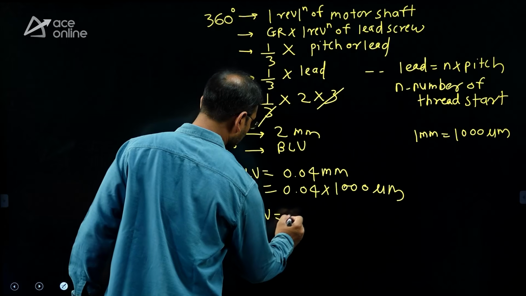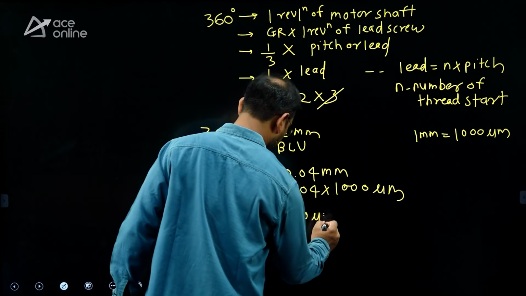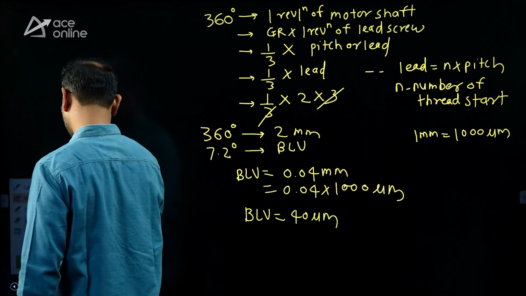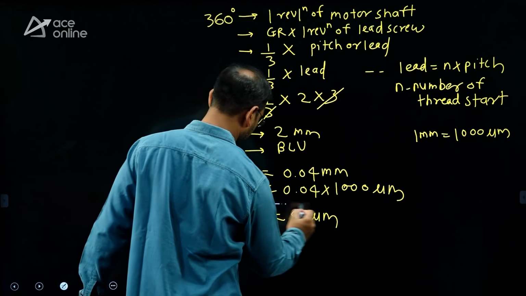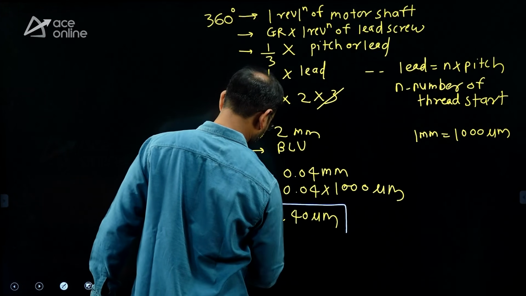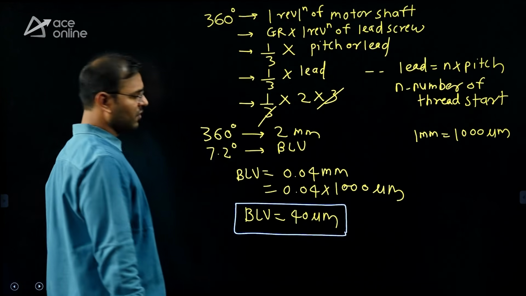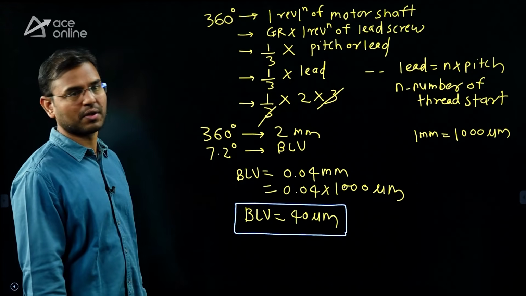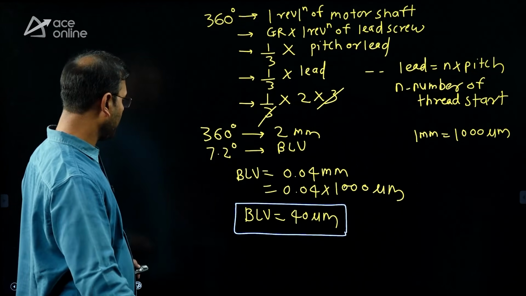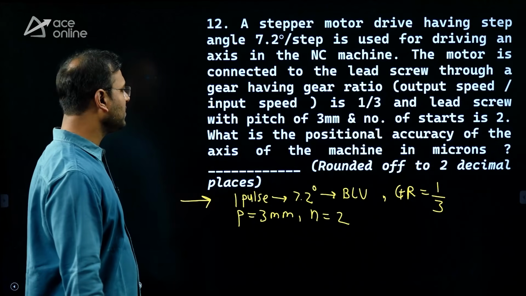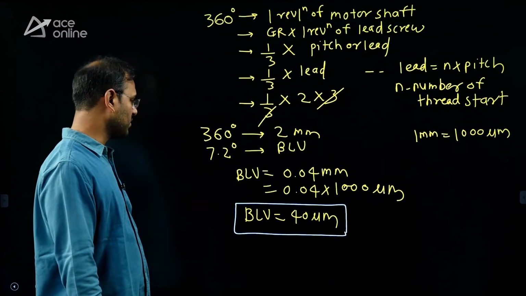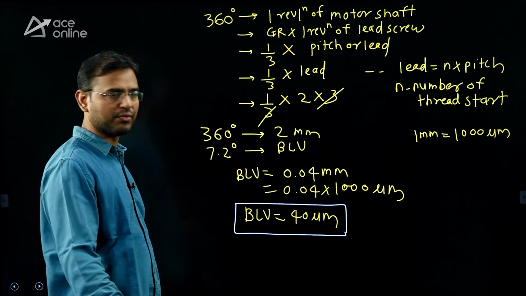Therefore, the BLU is equal to 40 micrometer. They asked the positional accuracy of the machine in microns, and that is the exact answer we got, 40 micrometer.